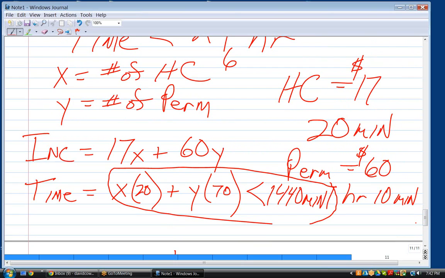Hold on, let me think for a second. We know that 20x plus 70y is less than 1440, so I can graph that. X has to be greater than 0, y has to be greater than 0, and this graphs as a straight line.